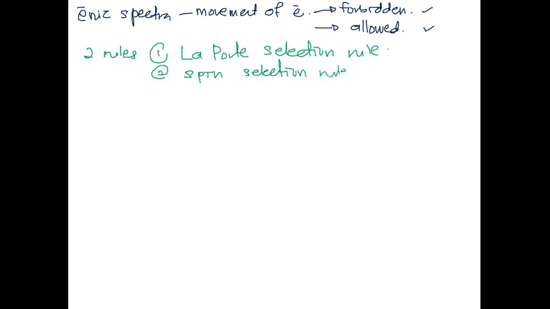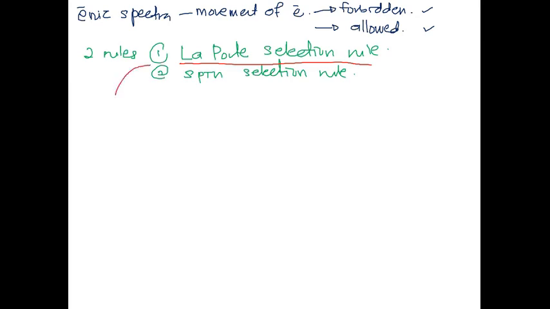Okay, so kita tengok satu-satu. So now we look at the Laporte number one. So how do you say that a movement is allowed or is a forbidden transition, or is it an allowed transition?